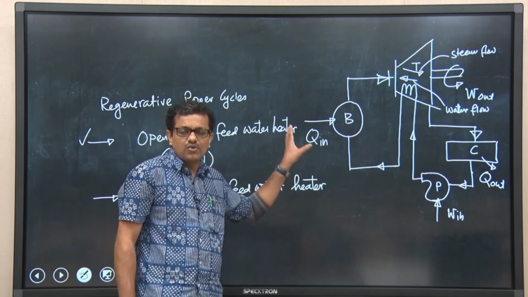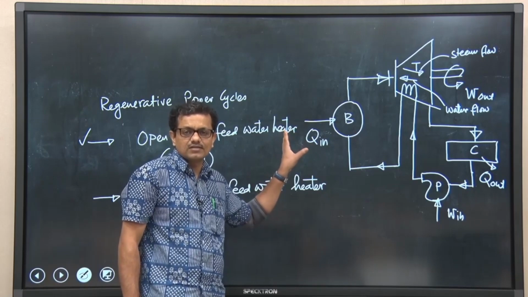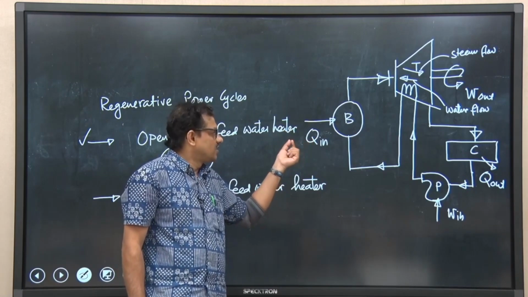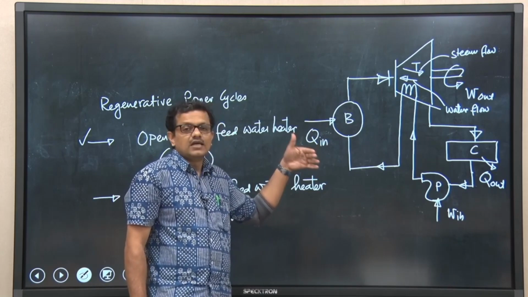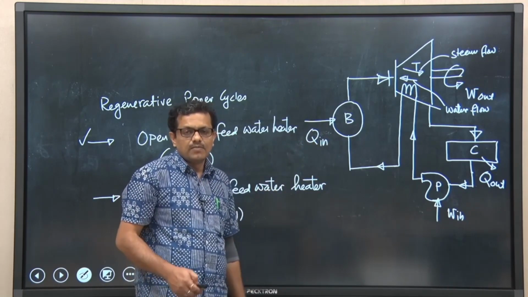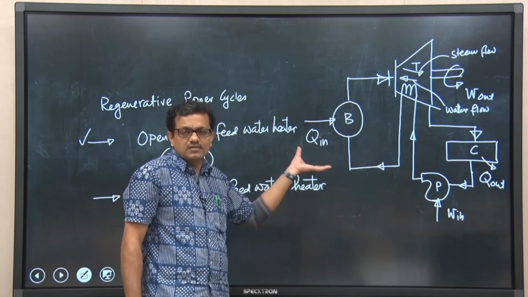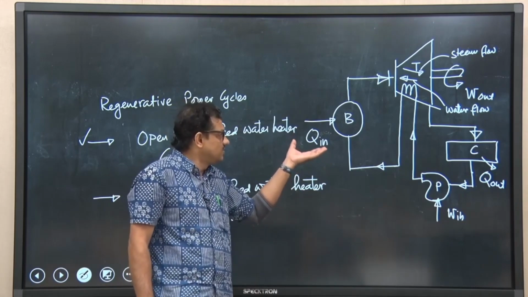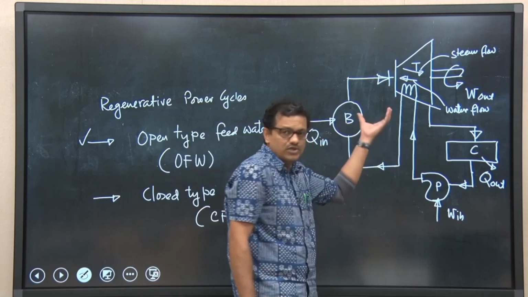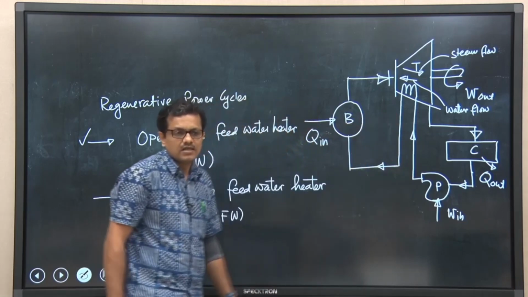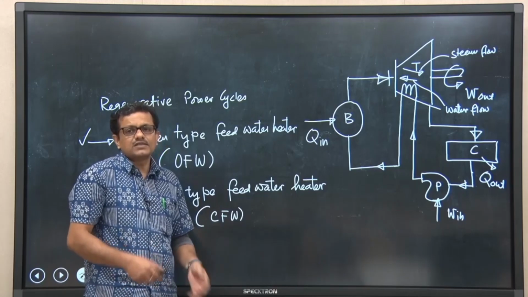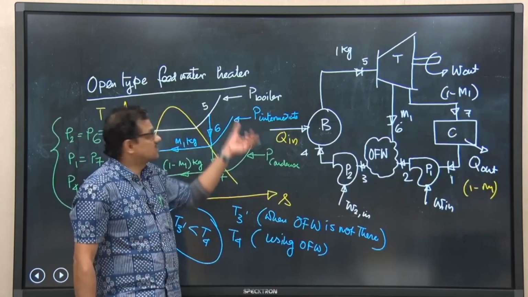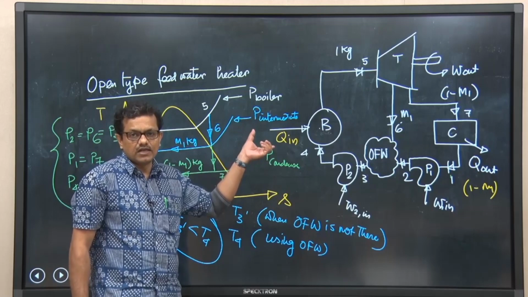So, to summarize today's discussion, we have discussed the ideal regenerative power cycle. Though we had discussed this in the previous class, today we have briefly touched upon it, and we have discussed its limitations. The limitations associated with this particular arrangement are the motivation for the open type feed water heater.